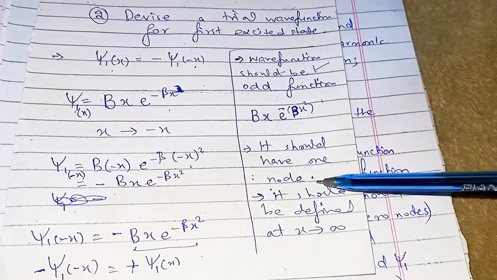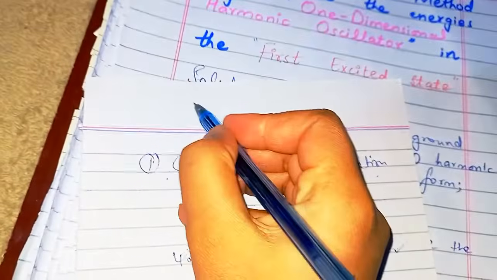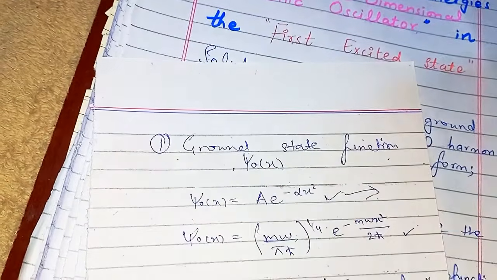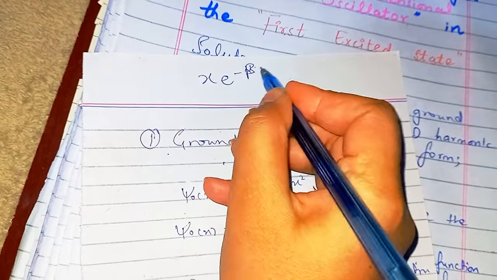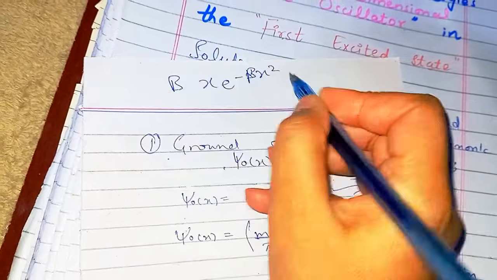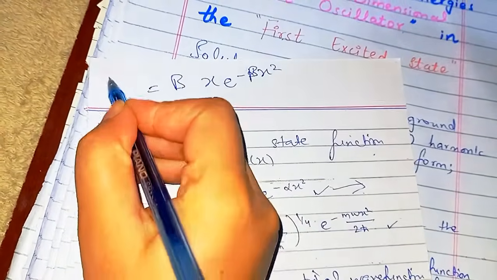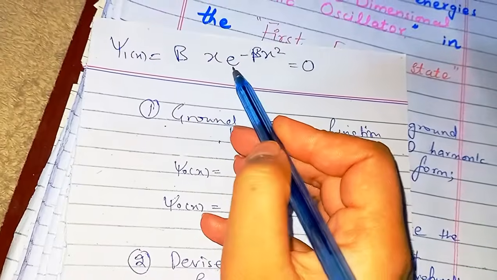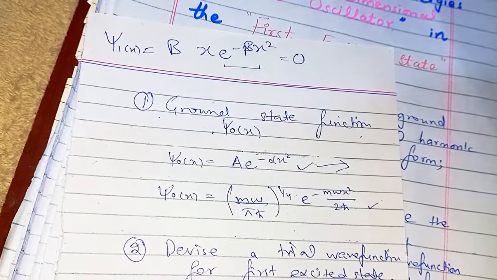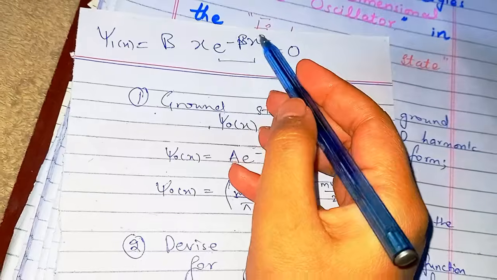Now it should have one node, which means that it should be 0 at one point only, other than infinities. Infinities are not included as points. So this is the wave function, and putting it equal to 0. Now the exponential function is never equal to 0 other than at infinity, so that doesn't count.